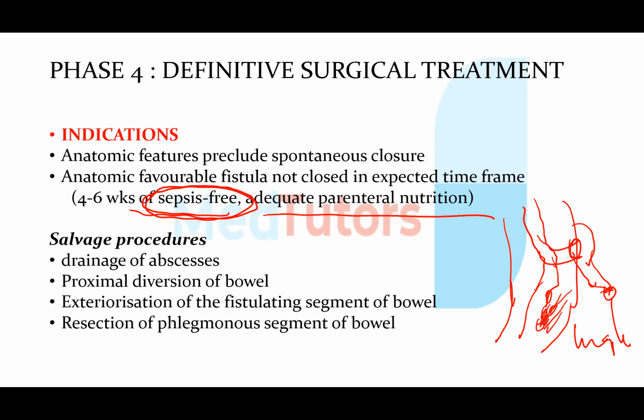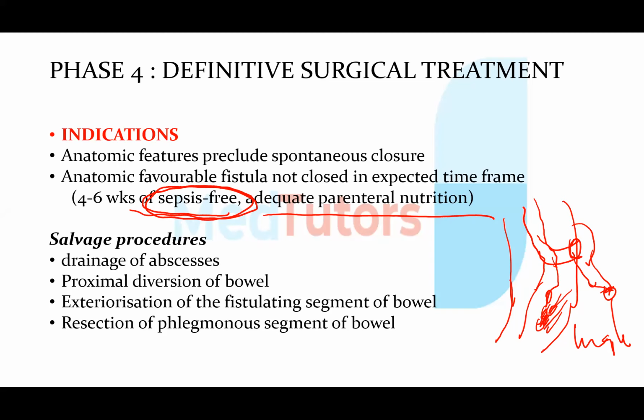Now, proximal diversion could also entail internal anastomosis. That's for a complex terminal ileal fistula. You can do a proximal ileotransverse anastomosis.